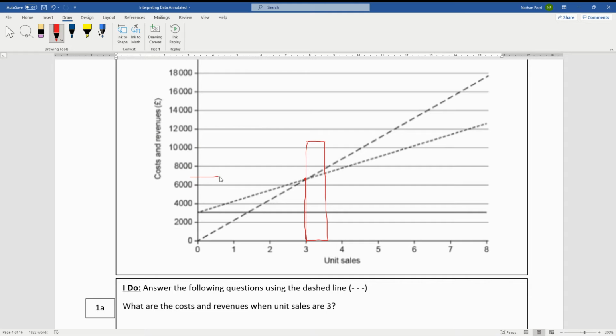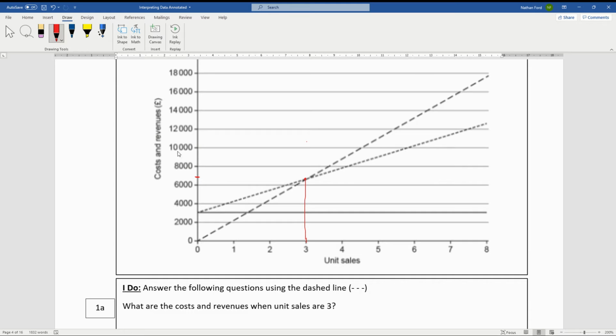I put my ruler down here, and you can put a little mark. Now I have my mark there. So at 3 units sold, I would make, and this is what the next step is, that's how much money I'd make.